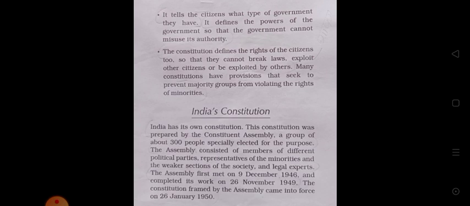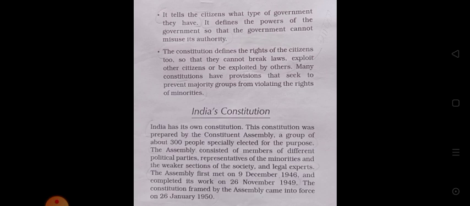It defines the powers of the administrators or rulers, whoever they may be, so with a written constitution, the authorities may not be able to misuse their power.